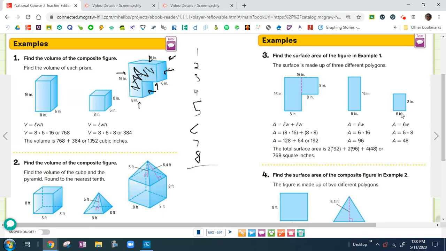Okay, and the final one is that underneath part right there. This is strange how they did this, but that underneath part, it looks like they're doing an 8x6, and they're saying that there's 4 of those.